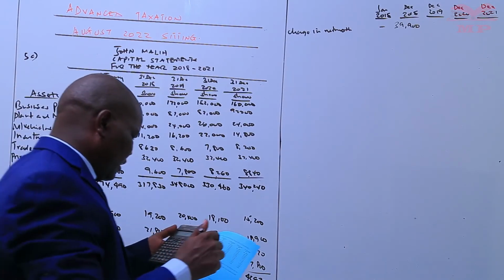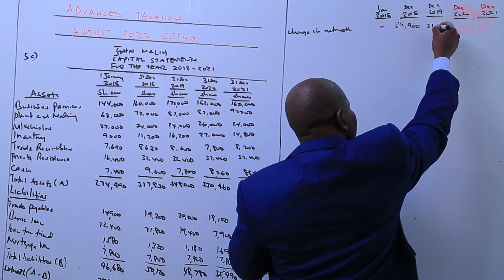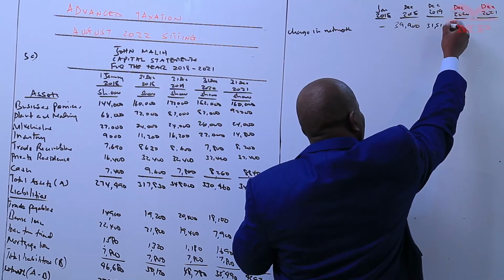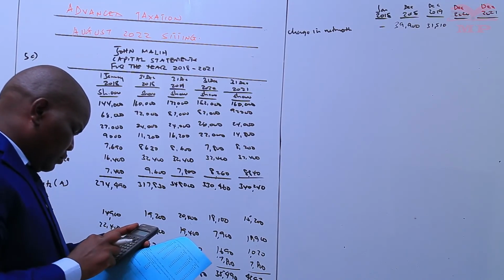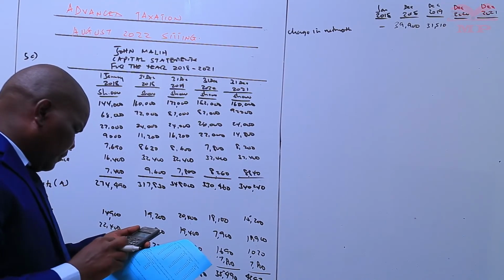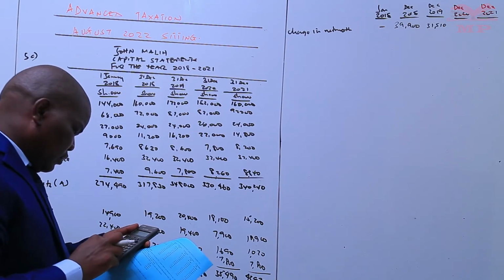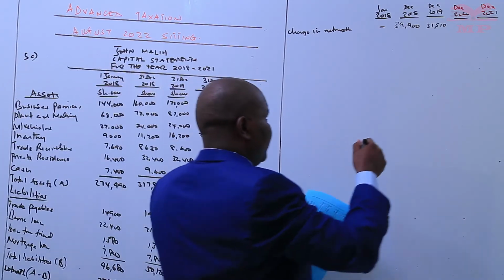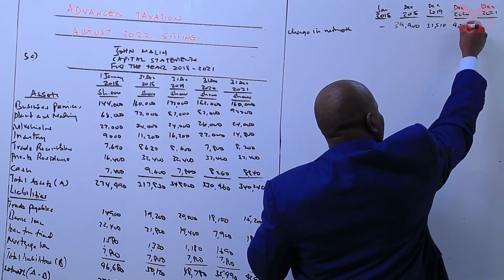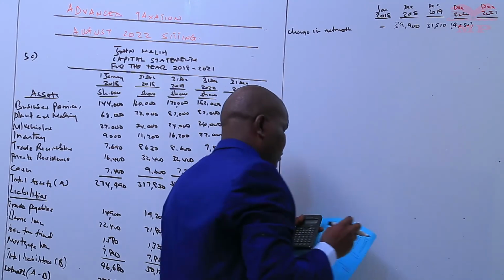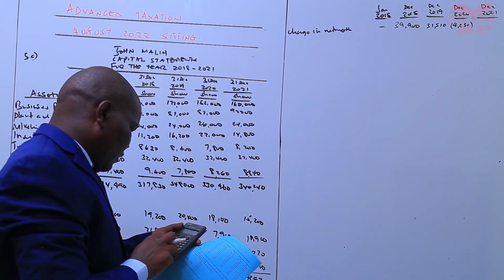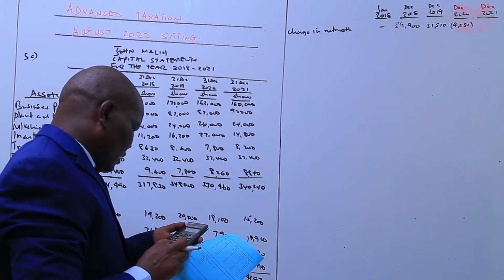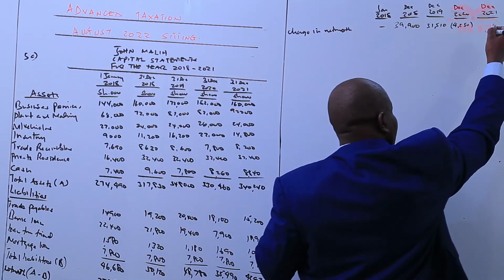I get 31,510. 2020 will be 294,970 minus 299,220. I get negative 4,250. And lastly, we have 297,320 less 294,970. I get 2,350 positive.